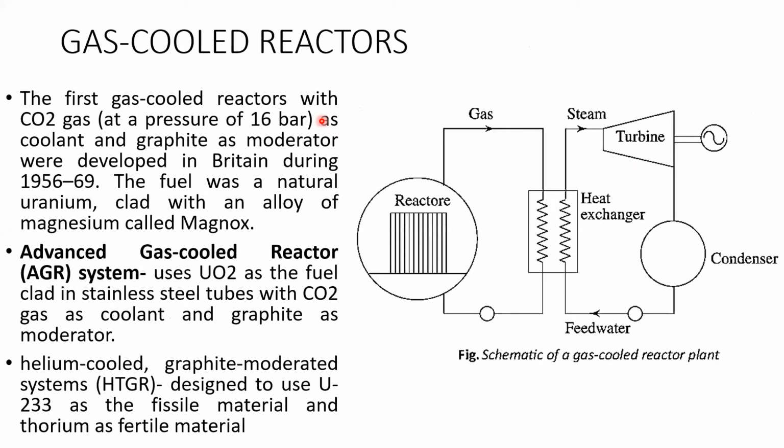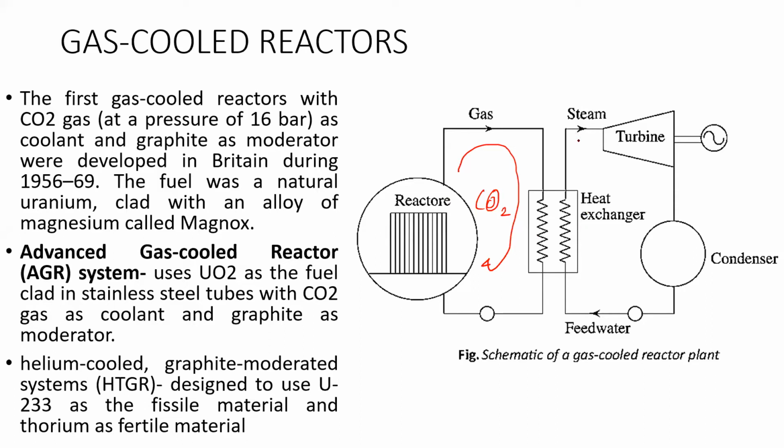Next is the gas cooled reactor. In gas cooled reactors, again there are two loops. One is the coolant loop, in which CO2 is flowing. CO2 is fed to the reactor and heated up, and it flows through the heat exchanger, where the heat is exchanged with the steam from the other loop.